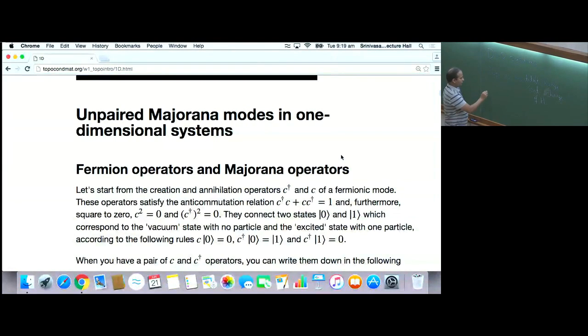And depending on symmetry class, we had a bunch of symmetries: time reversal, particle hole, and let's say chiral symmetry. And then there's also no symmetry, let me call that A.